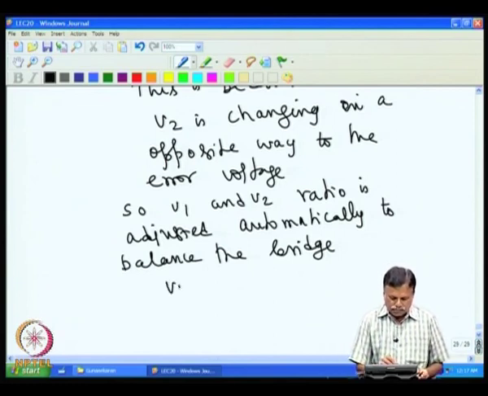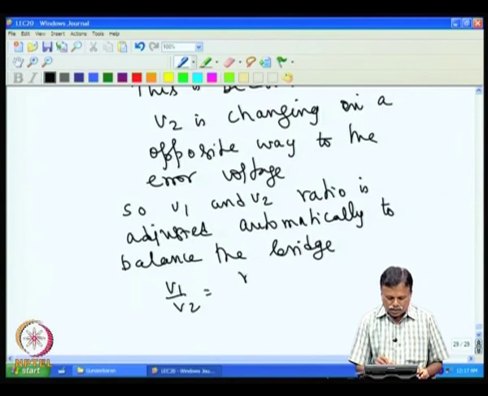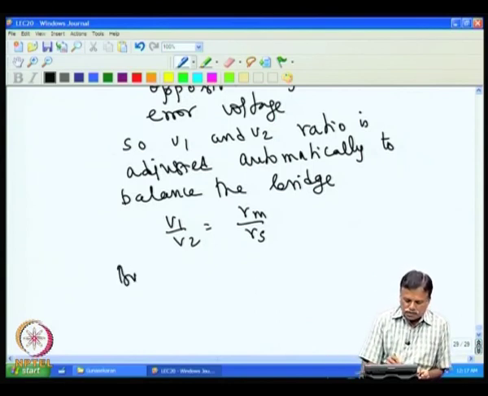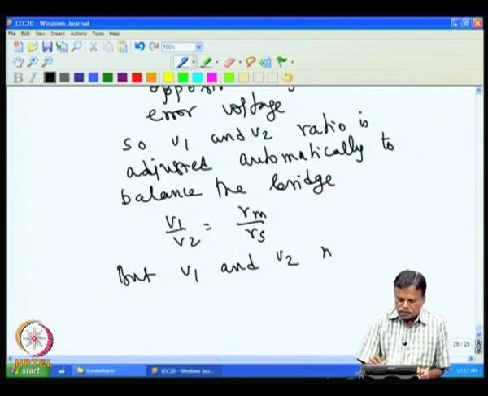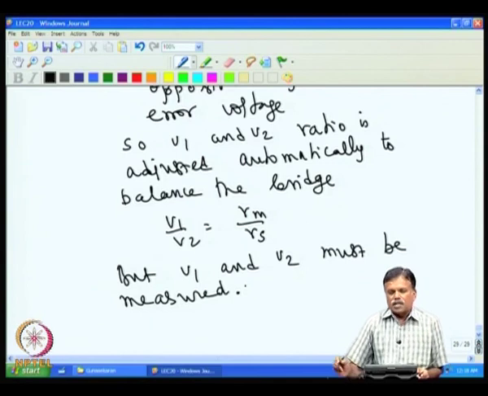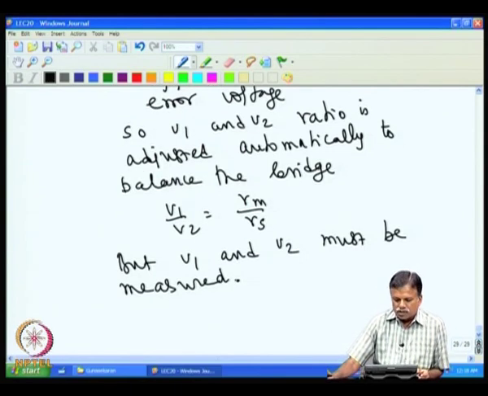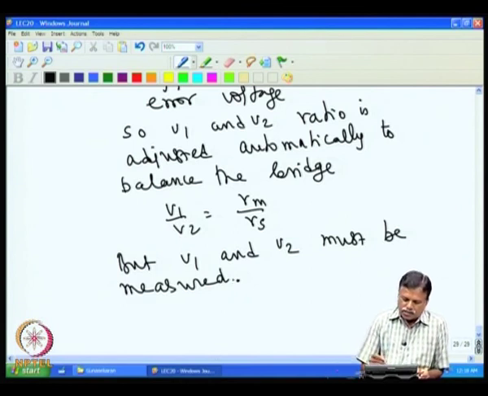Then one can find V1 by V2 will be equal to Rm by Rs. But V1 and V2 must be measured, which was not there in the case of the ratio transformer. The error induced by V1 and V2 will be added to the measurement error.